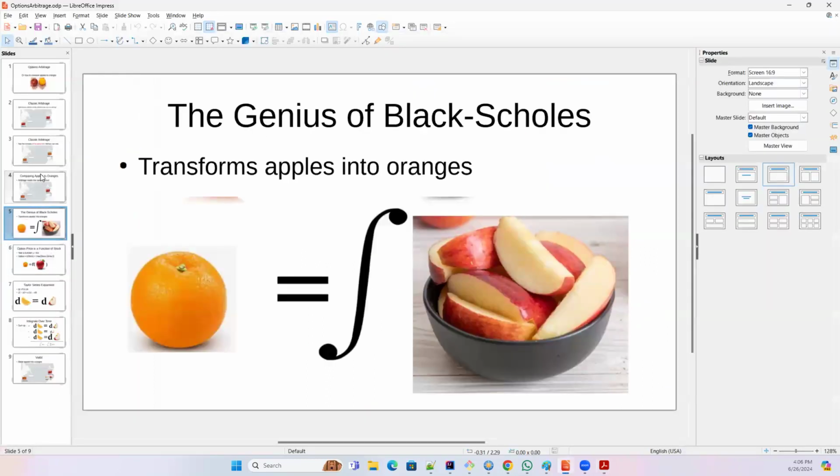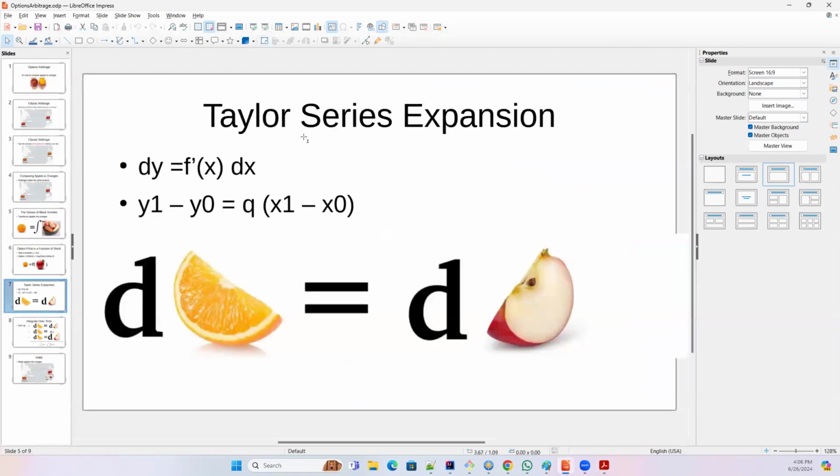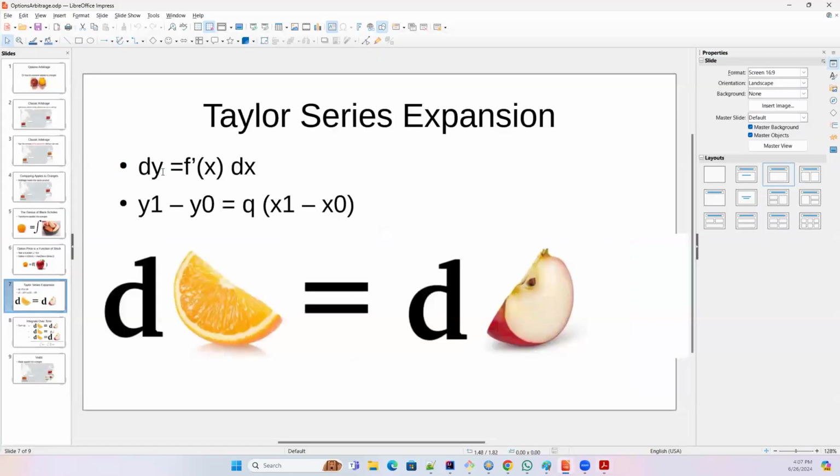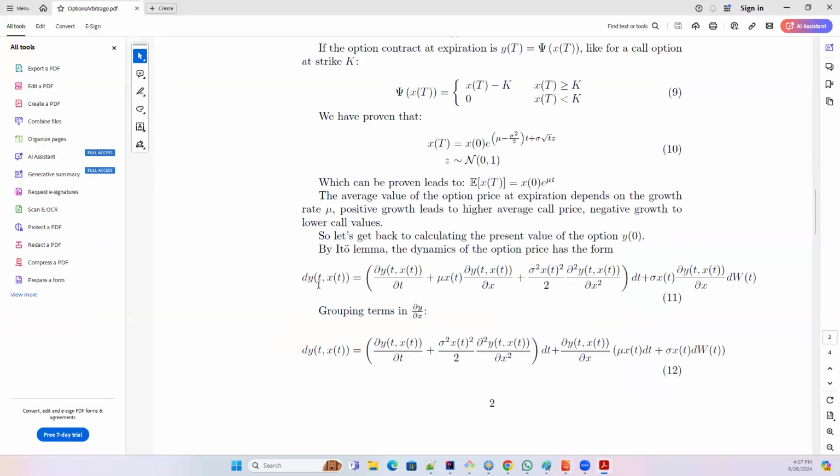Now, we have talked about Taylor series expansion. The whole technique of pricing and arbitraging an option is based on having the option expressed as a Taylor series and then integrating it. So what is the differential of the option price? The rigorous derivation uses Ito's lemma, and it looks like this.